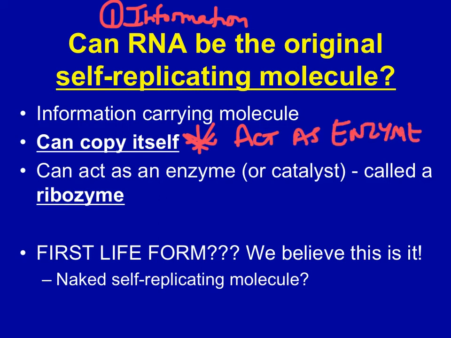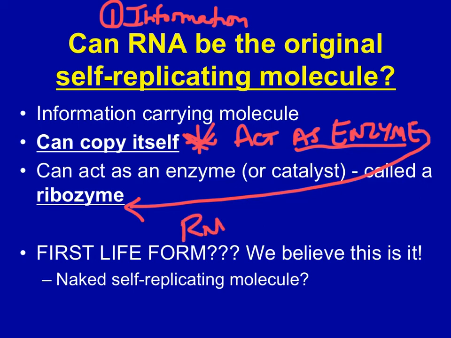And the person who found this out also won a Nobel Prize. This enzyme, because it was made of RNA, was called a ribozyme. The ability of RNA to do both of these things is why we think that the first life form was an RNA that became enclosed in some sort of membrane. And this was the first cell.